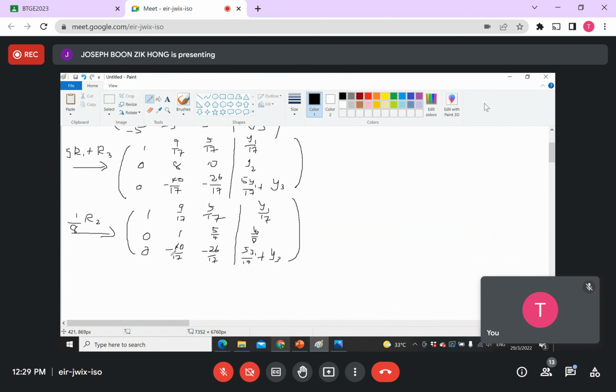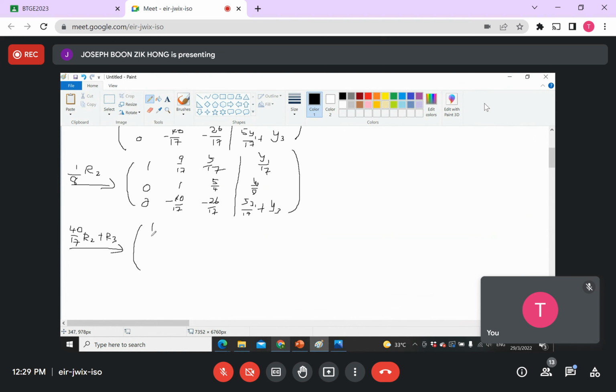So now I want to make this one become 0. How to make this one become 0? Just take 40 over 17 R2 plus R3. This one should not be new for you lah. So 1, 0, 0, and then 9 over 17, 1, and then 0, 5 over 17, 5 over 4.